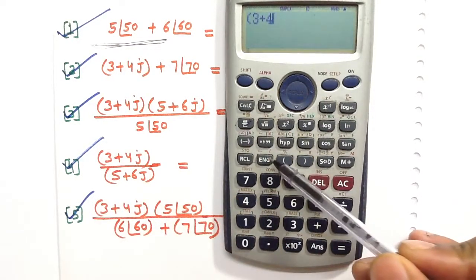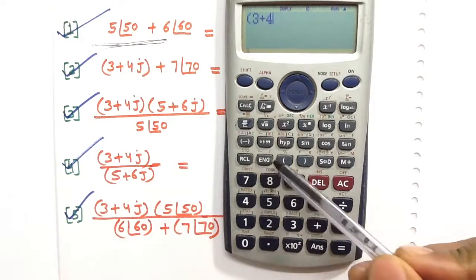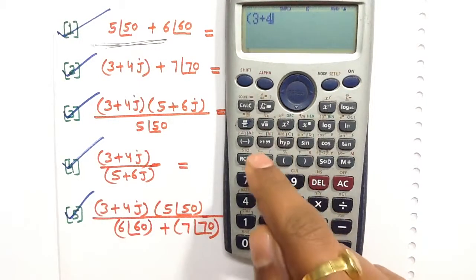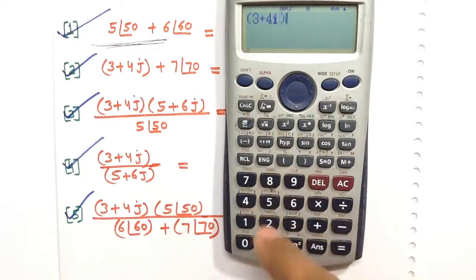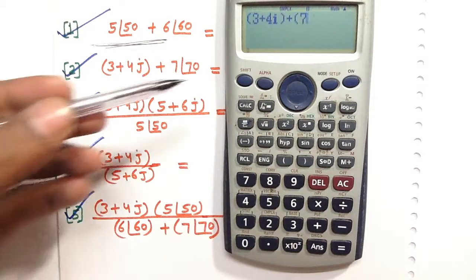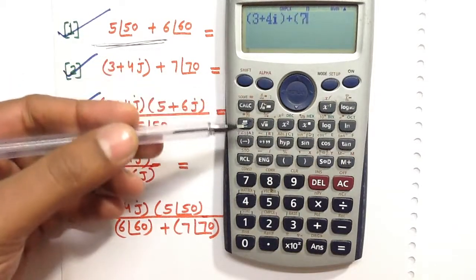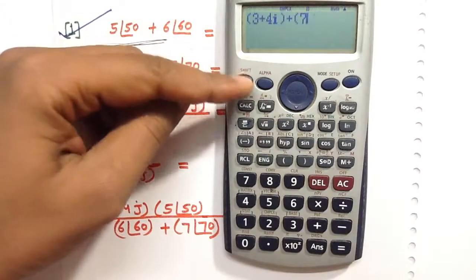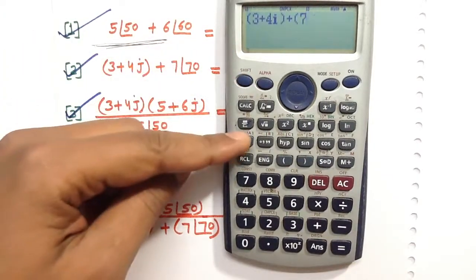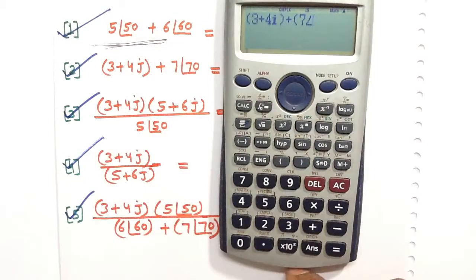You have to press this button to write J. Then plus bracket 7. To write angle, as I have told you, press Shift, then press this button, and you can write 70.